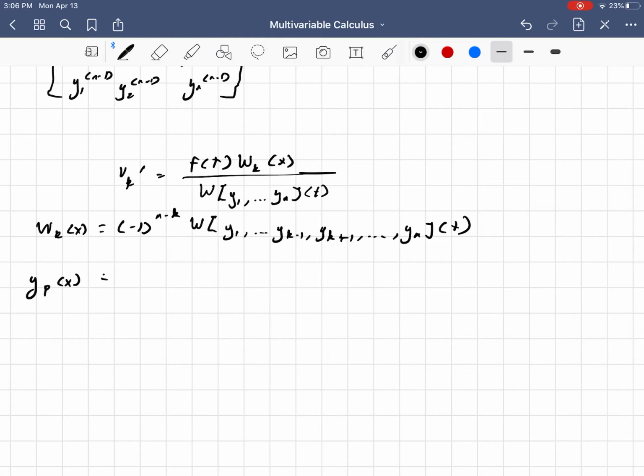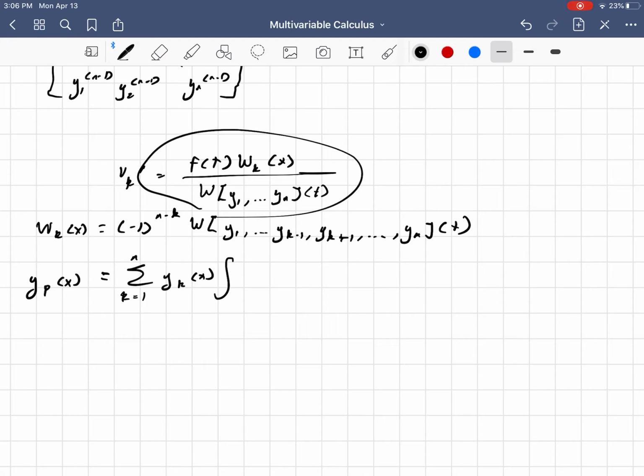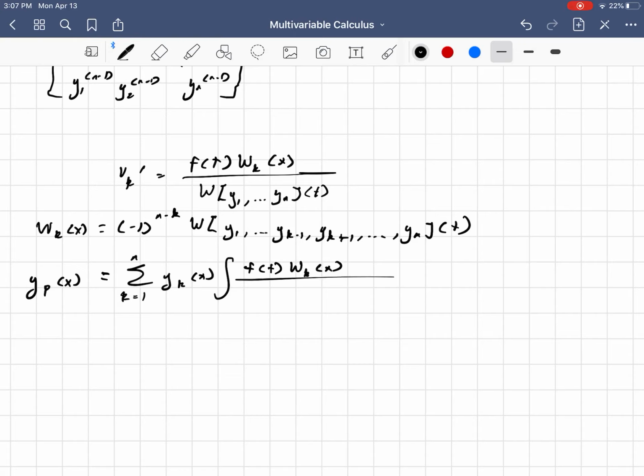Now this means that y sub p of x, we're multiplying y sub 1 v sub 1, y sub 2 v sub 2, y sub 3 v sub 3, and then we're summing them all up. So we have a sum going from k equals 1 to n of y sub k of x times v sub k, and in general v sub k is the integral of all of this stuff, because v sub k prime is all that stuff.